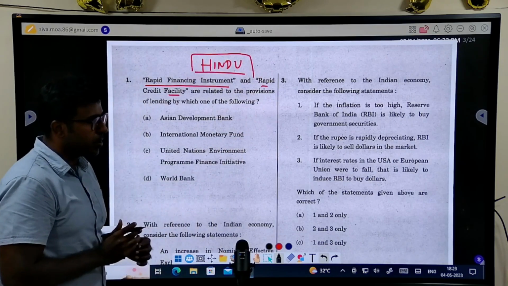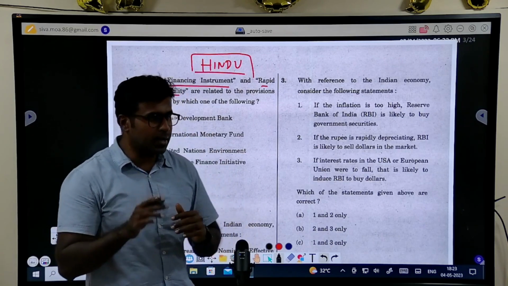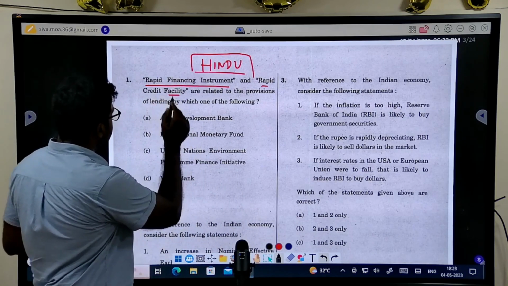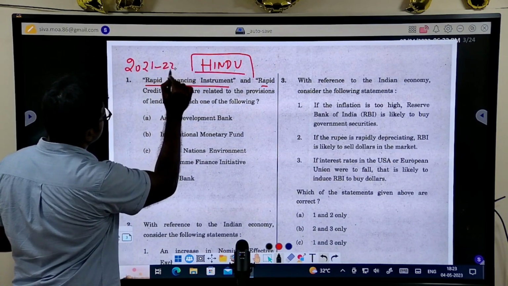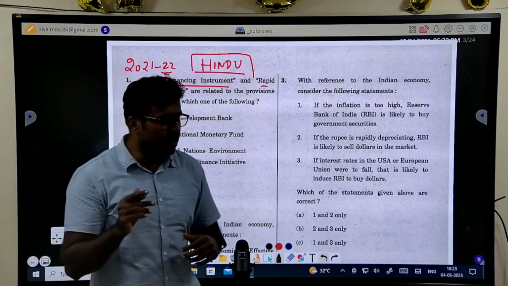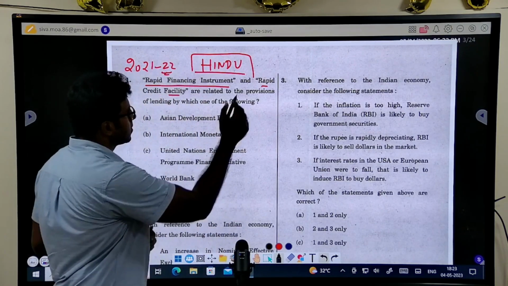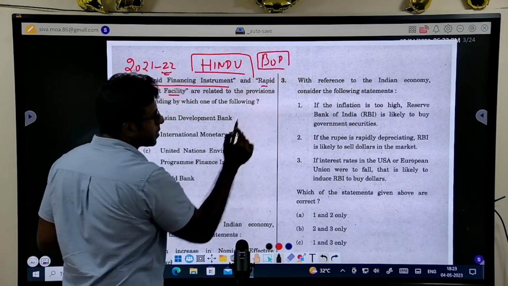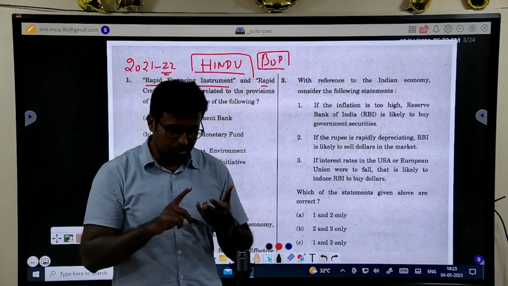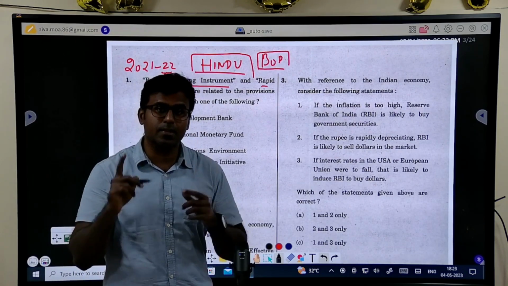Only when you read the paper will you understand that from 2021 to 22, the most primary issue in the news was the BOP crisis, that is, the balance of payment crisis of Sri Lanka, Nepal, Pakistan, and many other countries.